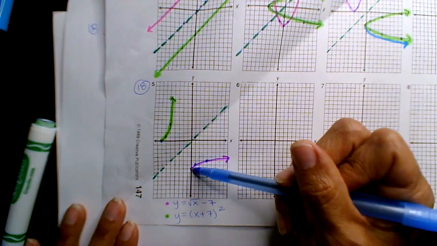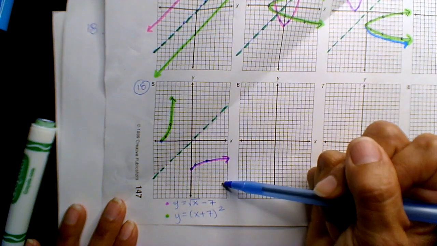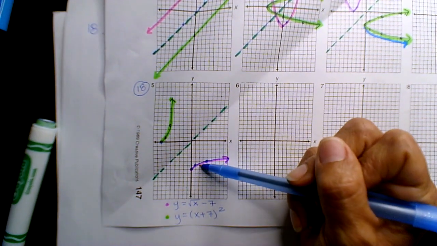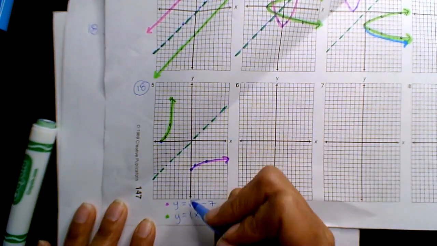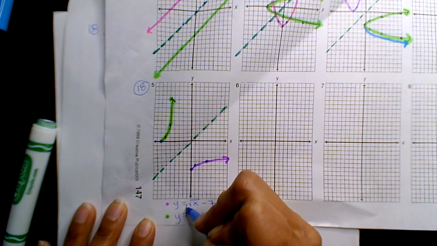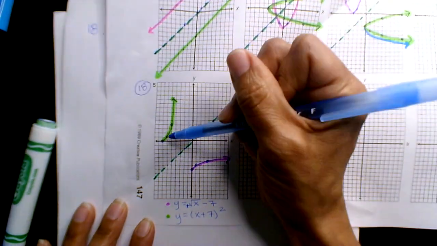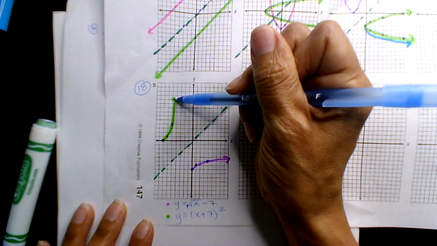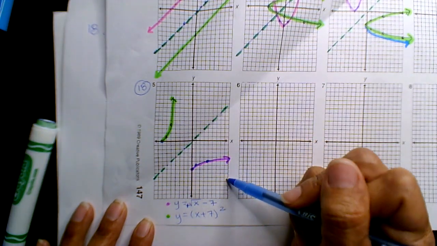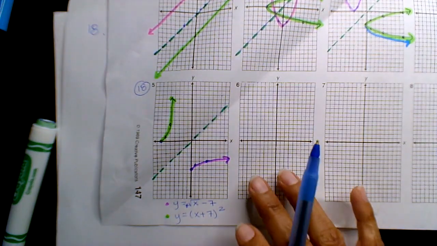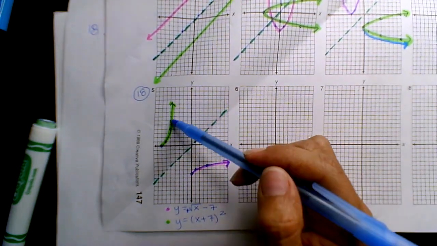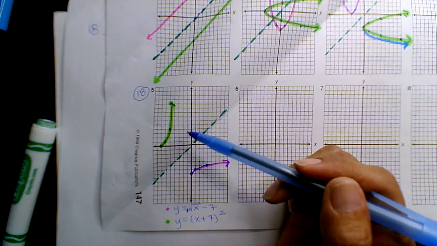So you cannot pick up this bottom half because then it crosses twice and it's no longer a function. If you only had the negative, you would have only had the left side of this parabola. But when you type it into Desmos, you see the entire parabola.